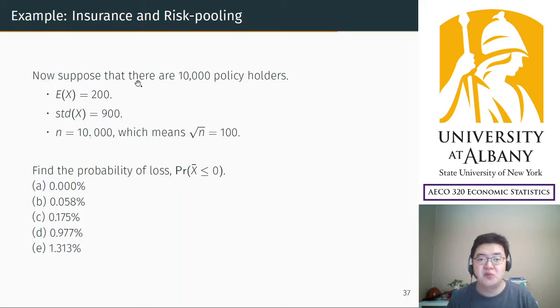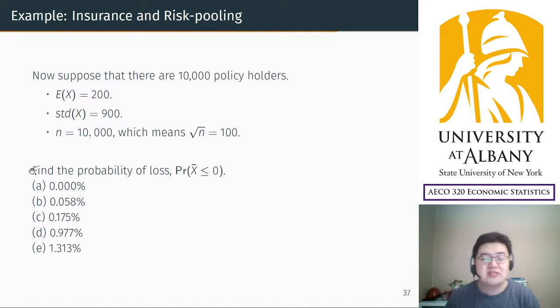So now suppose that there are 10,000 policies sold by the company, and everything else is the same. The probability distribution is the same, and all these policyholders are independent of each other. The only difference is the sample size.